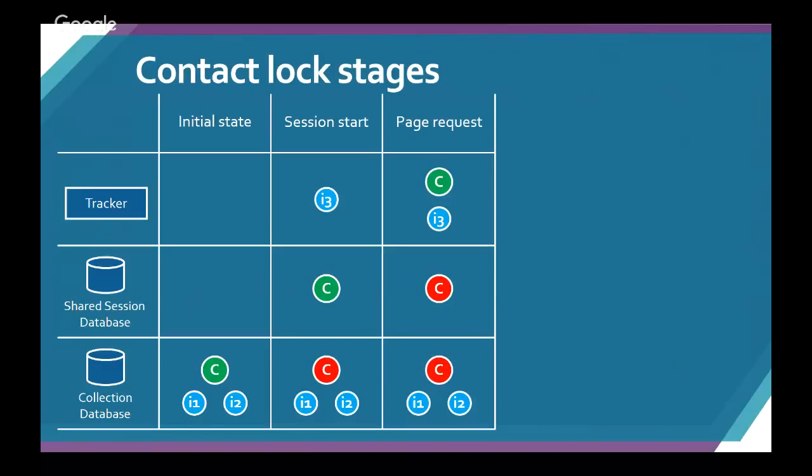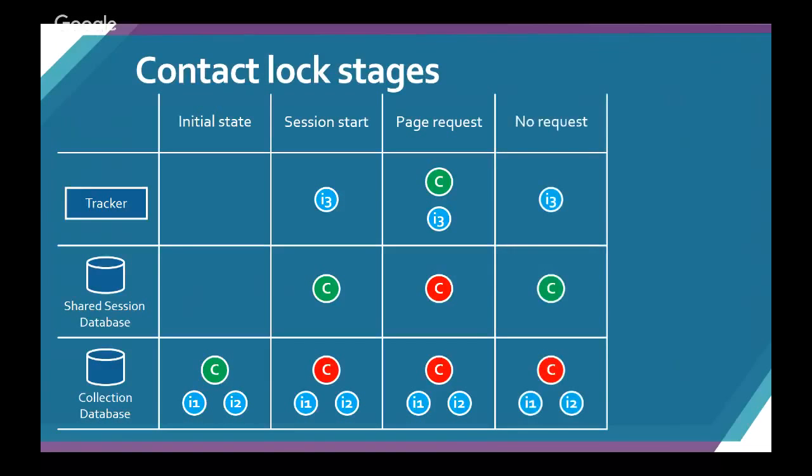And then on every page request, the contact is also locked in the shared session, and it is loaded into the tracker API, along with the interaction. And it is then available directly in your page code.